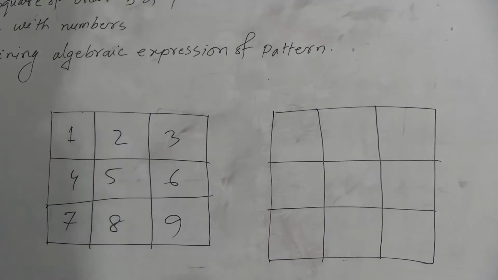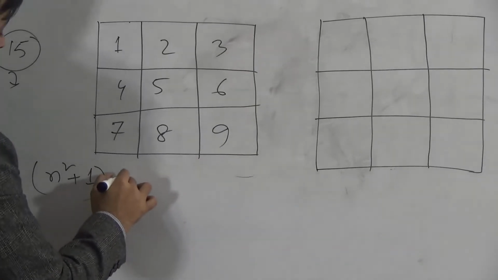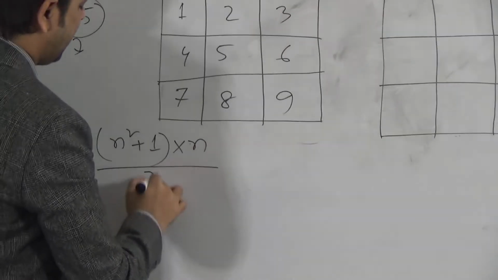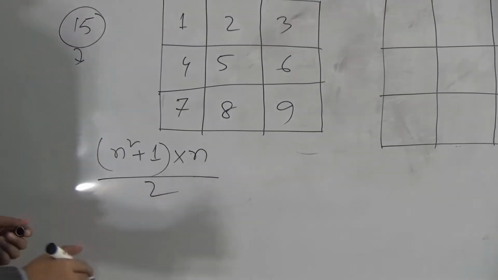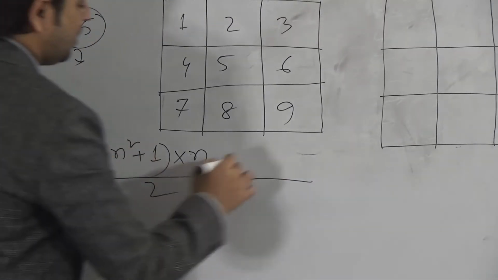To find the magic number, you can memorize a formula, that is n squared plus 1 into n divided by 2. If you put the value of n here, n means 3.